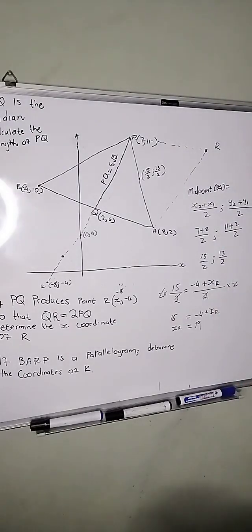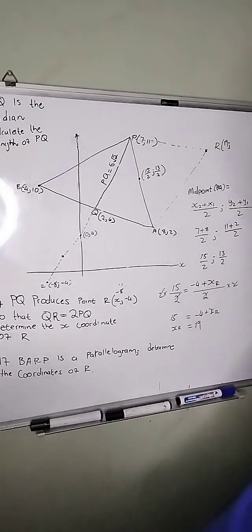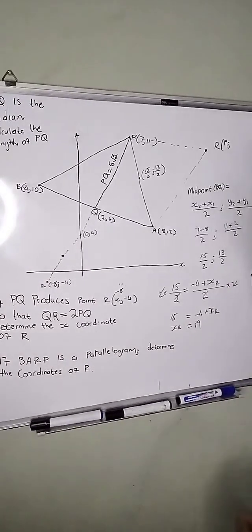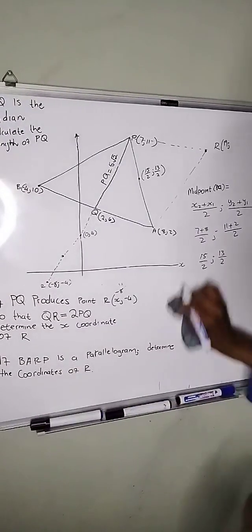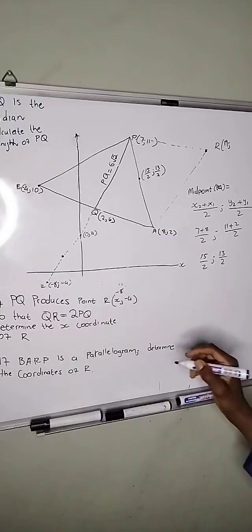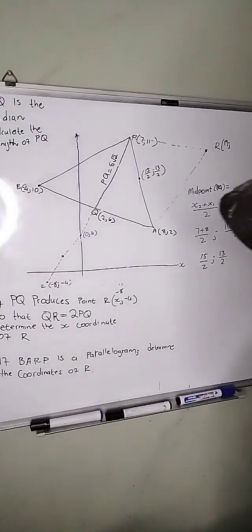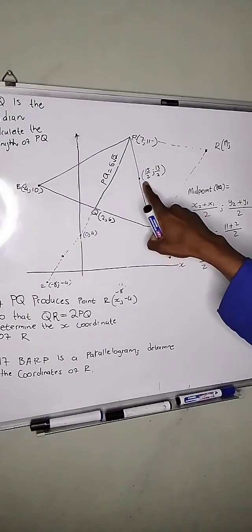So here we are going to have 19 for X. Now on the Y point, we have to do the same thing. So now, what is the Y midpoint of R?